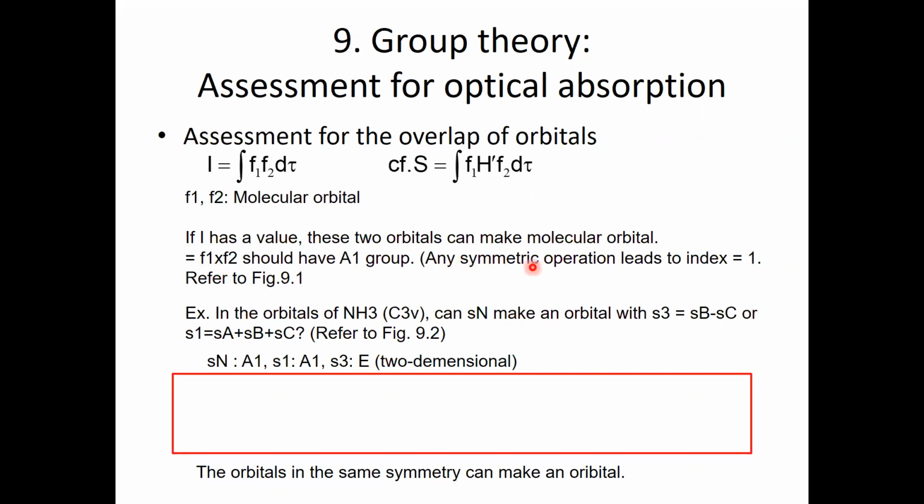And this A1 indicates that any symmetrical operation in the group leads to an index number equal to 1. So after a symmetrical operation, it's going to be overlapped, so it's not going to change the sign.